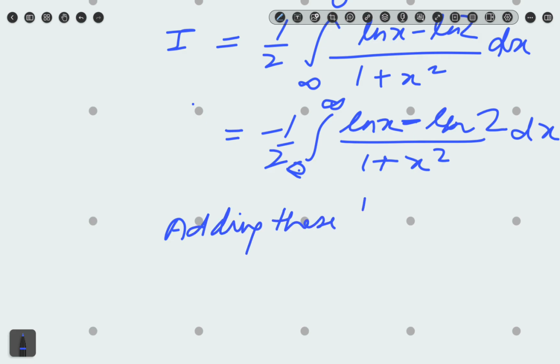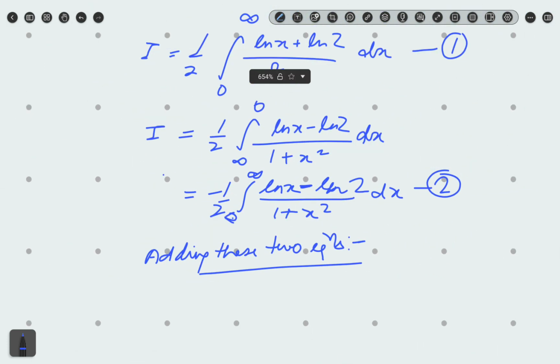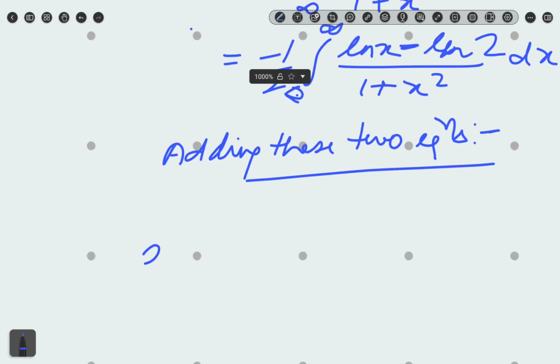right? So when we add these two equations, we get 1 by 2.